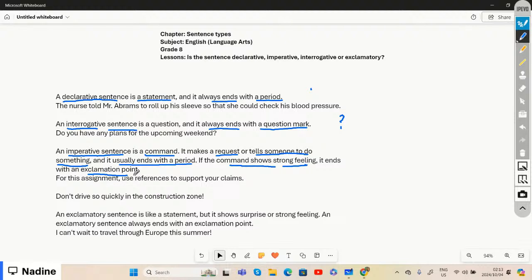And then lastly, we have an exclamatory sentence. An exclamatory sentence is like a statement.